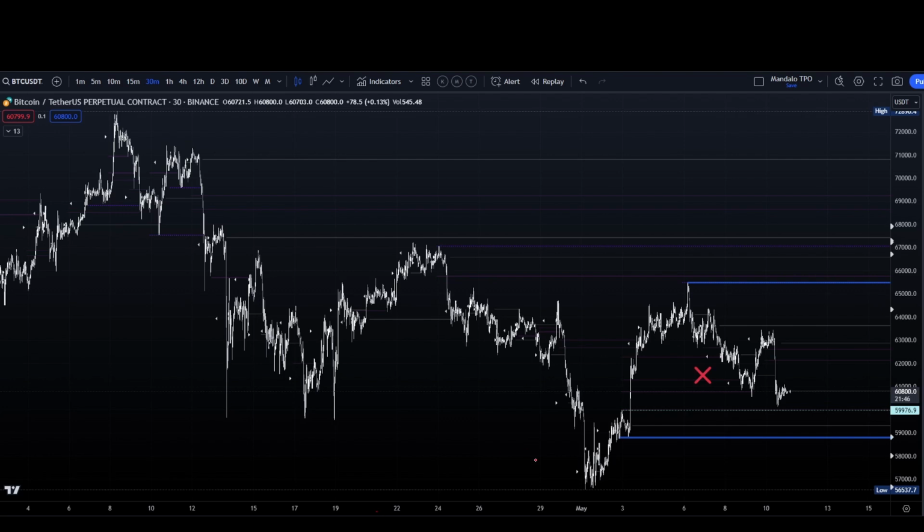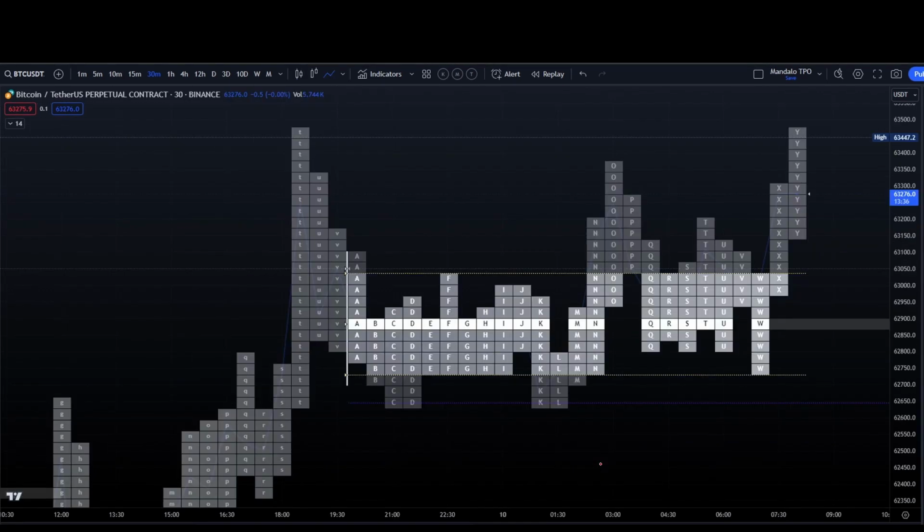Now, the last thing is sometimes a poor high or poor low can represent like a double top. Sometimes within a daily session, so this is our daily session, this is a previous day, but these are at the same level. There's your double bottom.